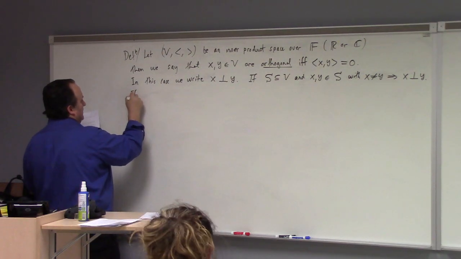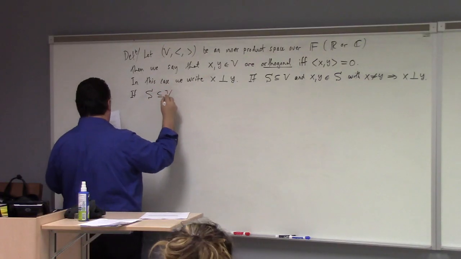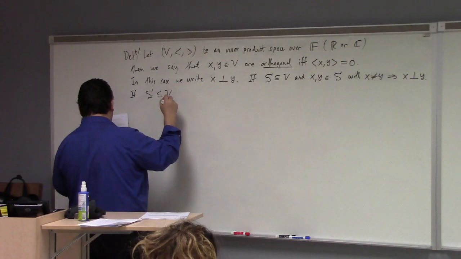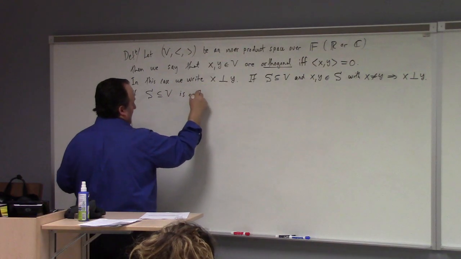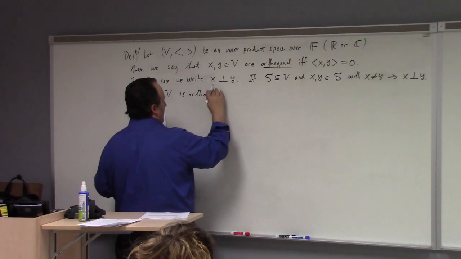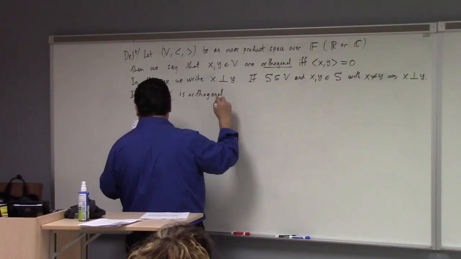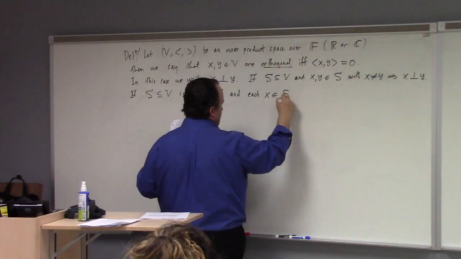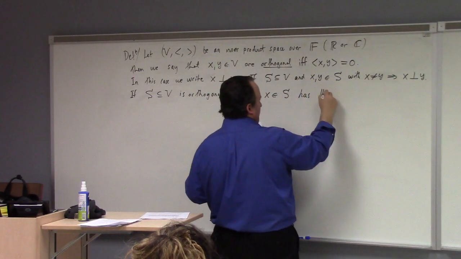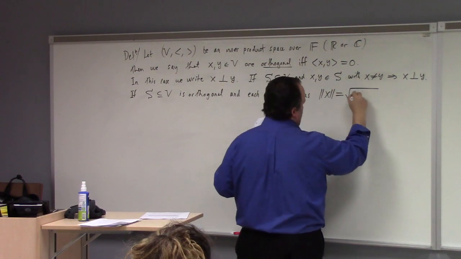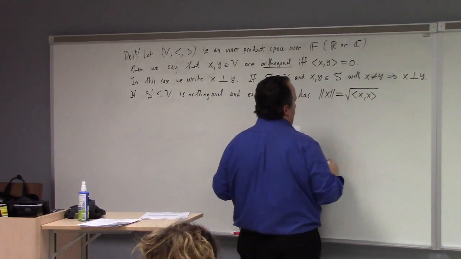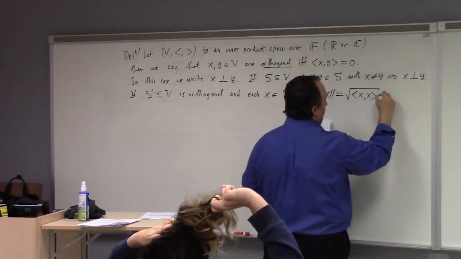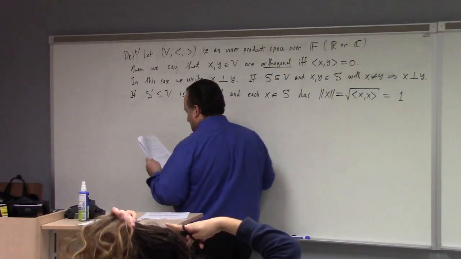So if S, a subset of V, is orthogonal, all right, and each X in S has norm of X, and we're still talking about the induced norm, okay, the square root of the inner product of X with X, equal to 1, then S is what?